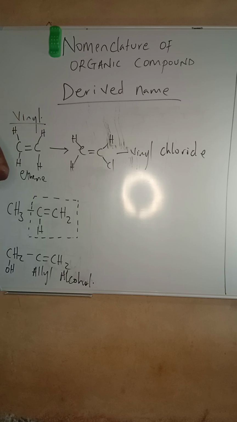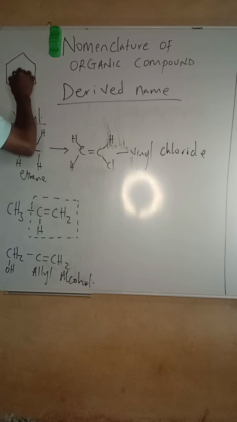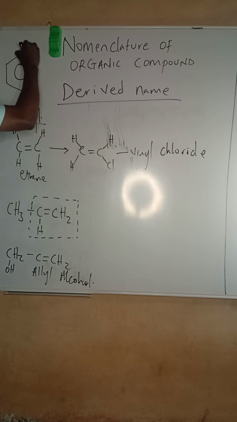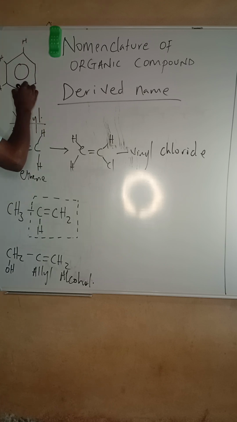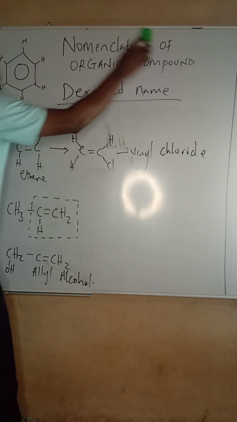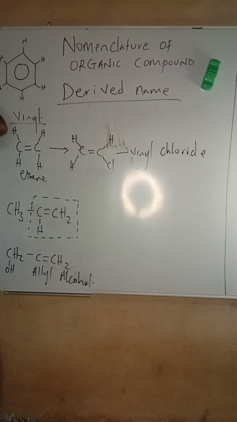A styrene is actually a compound. Let's say this is benzene, and we have H, H, H, H, H. This is benzene, C6H6.